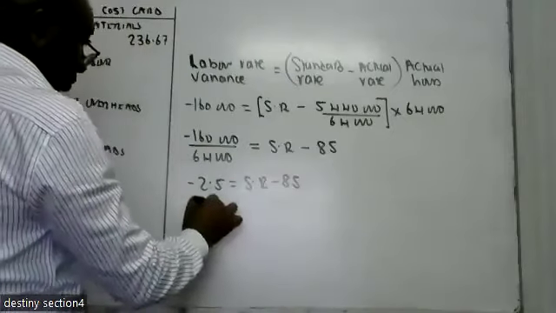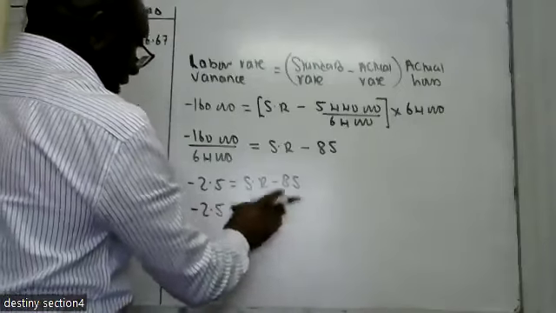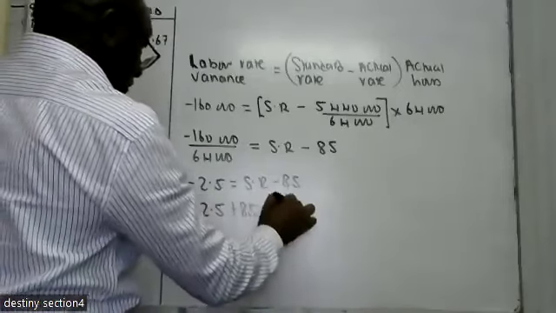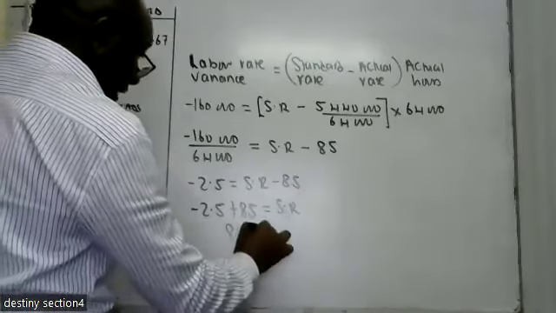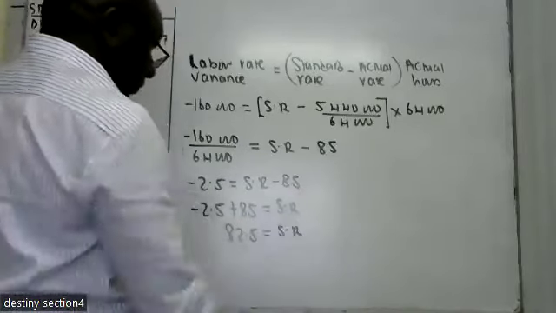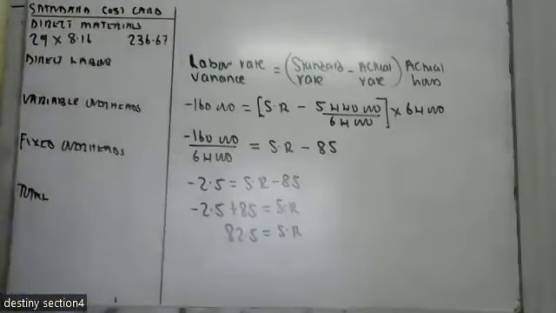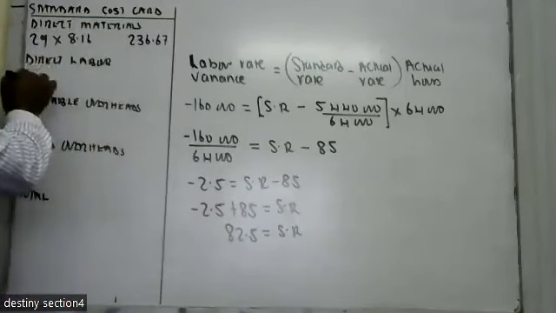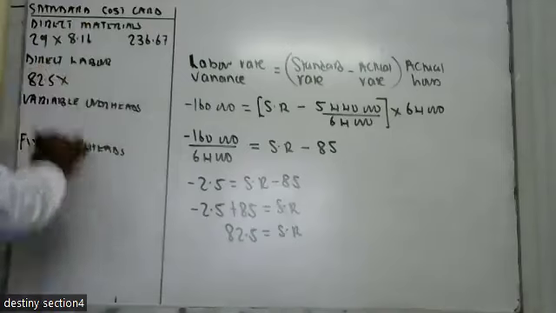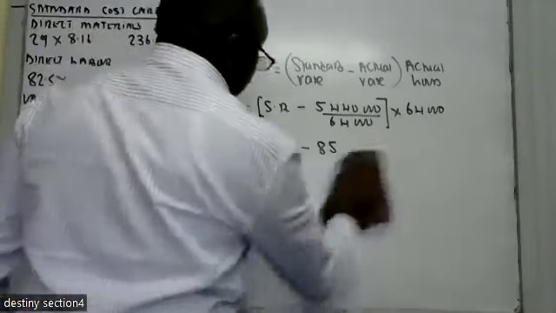So negative 2.5 plus 85 is SR. So this must be 82.5, the standard rate per hour. Now you go up to the budget and we say it is 82.5 times the hours.